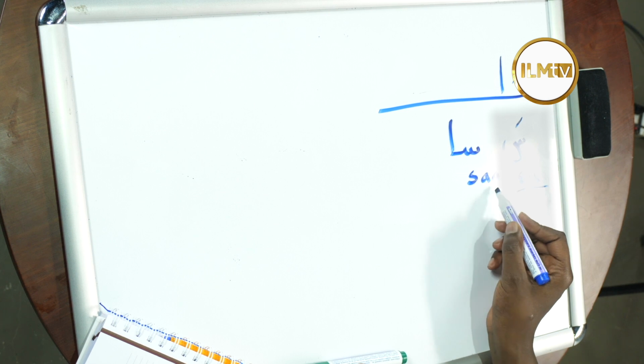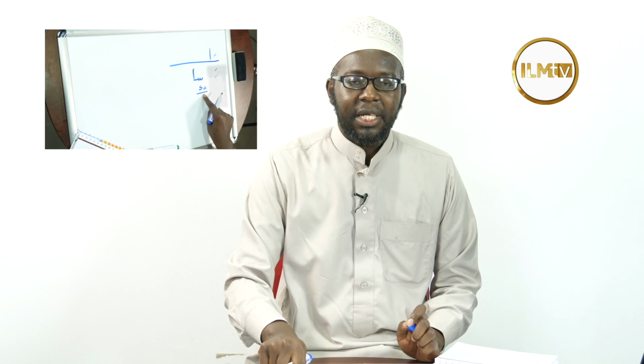When you say darasa, it means he studied. But when you say darasaa, it means the two of them studied. So we have sa and saa. So in Arabic, it is very important to separate short and long vowels.